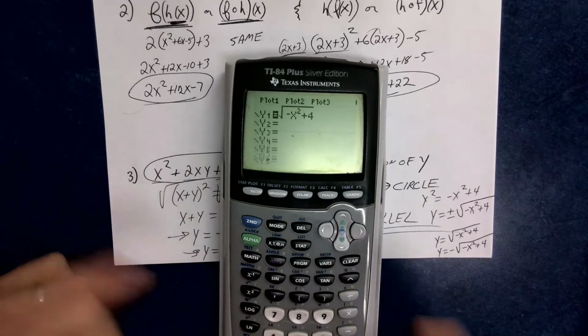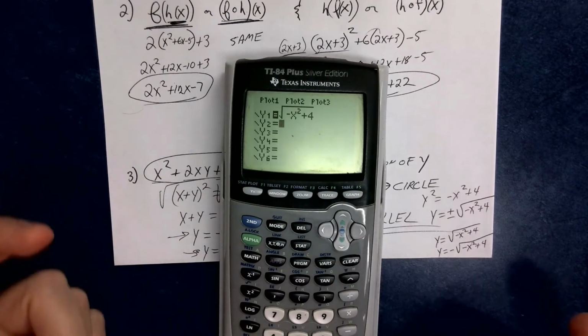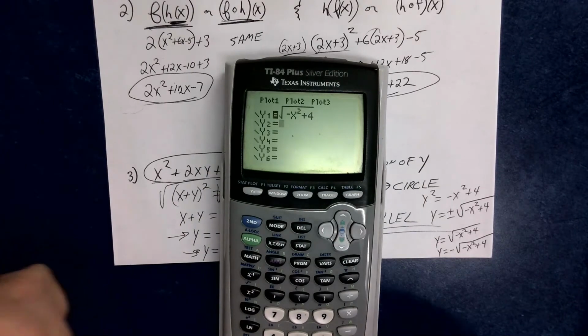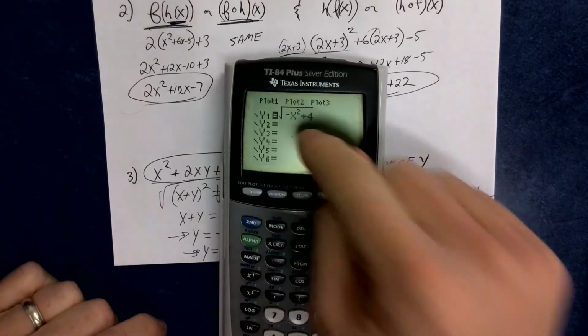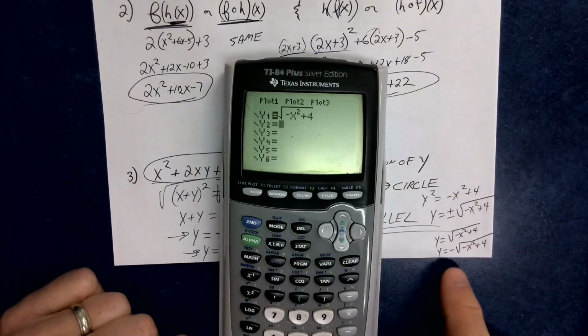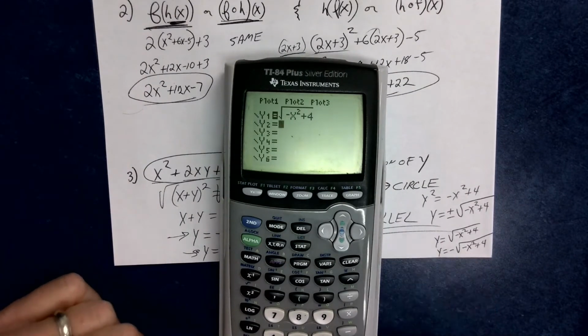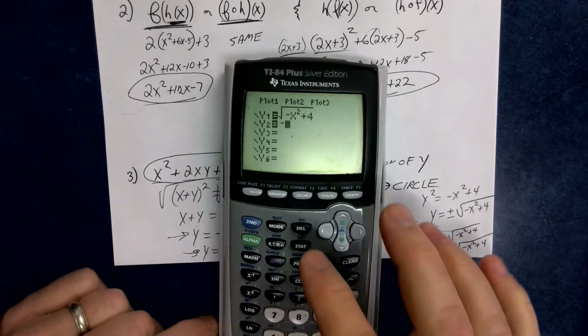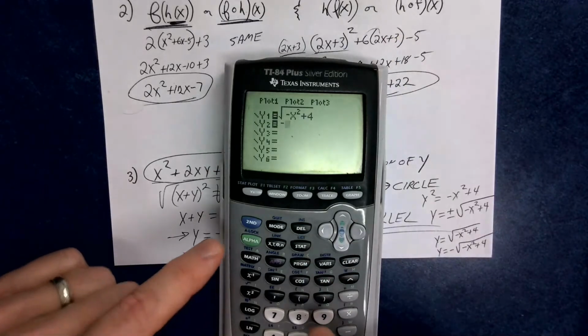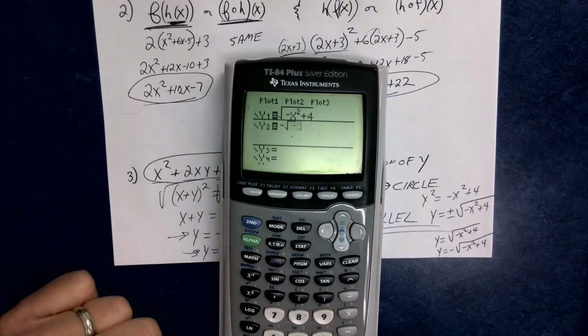And then I do the bottom half, because remember, I can't graph it as one singular function because it's not a function. So I can graph it as two functions, which is equivalent to one equation or relationship. So the other one's negative, which should just flip it over the x-axis, right? Negative square root of negative x squared plus 4.